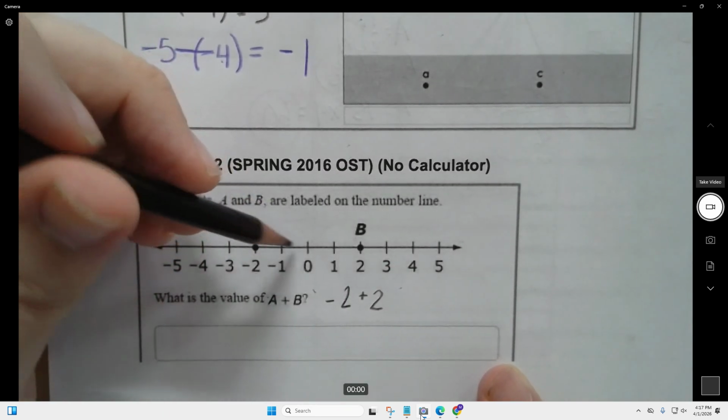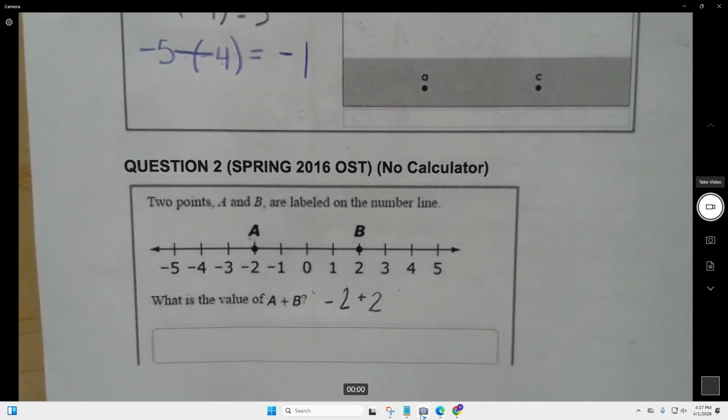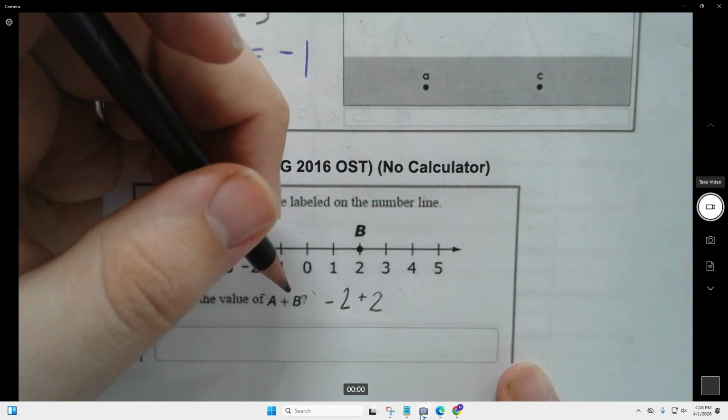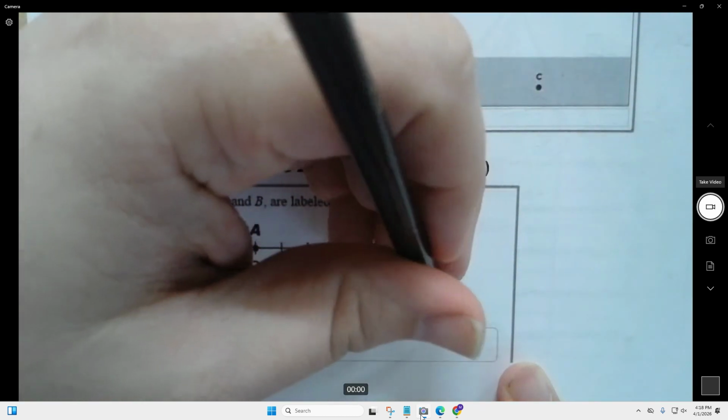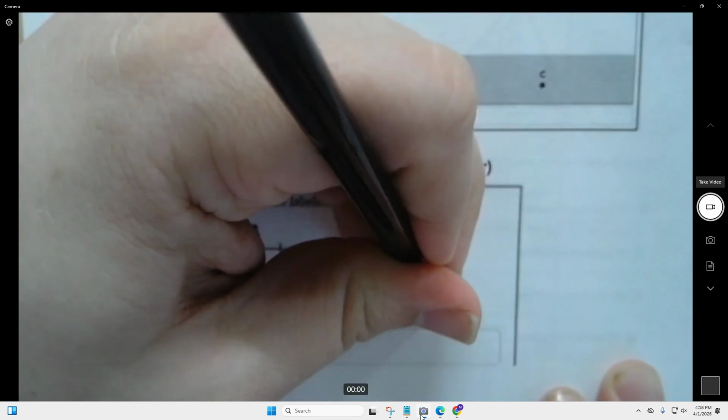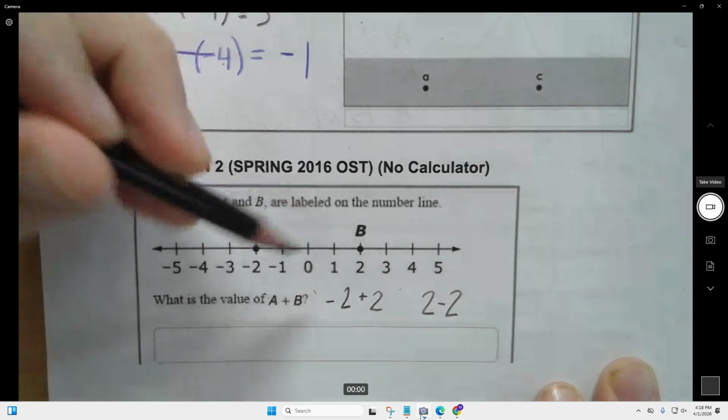There's a couple ways you can look at this, right? You can, A, use the commutative property. Commutative property says that you can swap the order of things in addition and subtraction. So you could swap this around and make this 2 minus 2 instead.